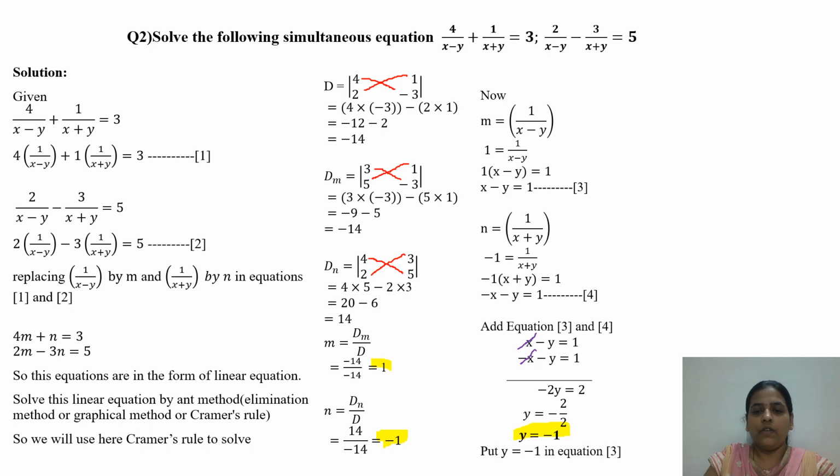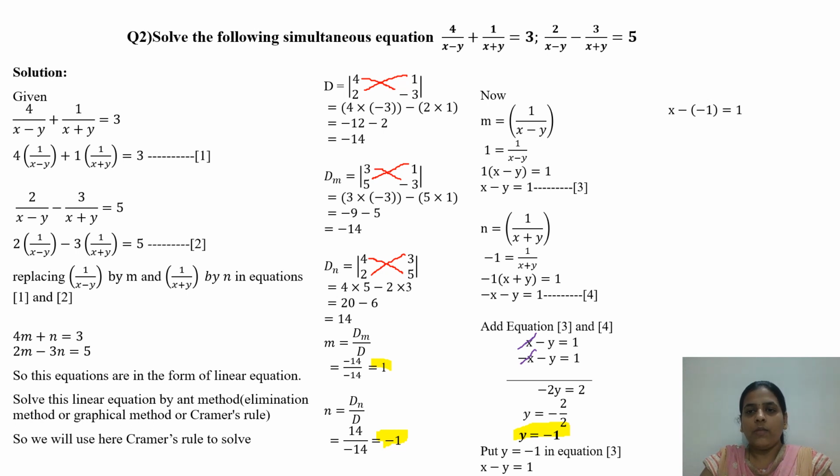Next we want to calculate the value of x. So put y is equal to minus 1 in equation number 3. What is your equation number 3? That is x minus y is equal to 1. So instead of y we want to put here minus 1.